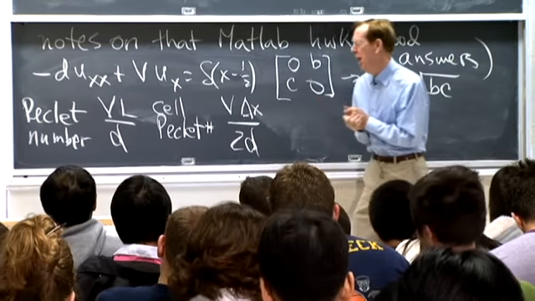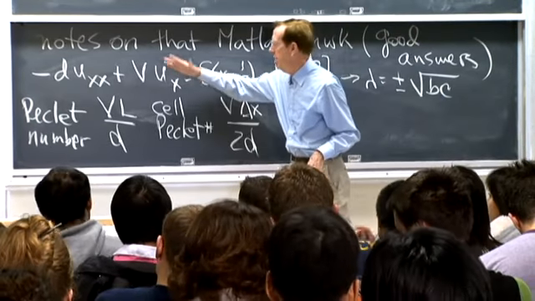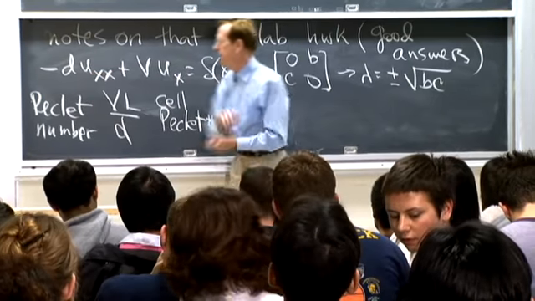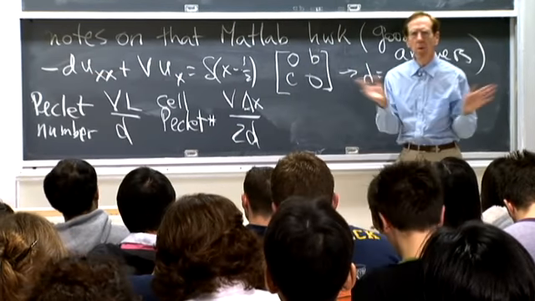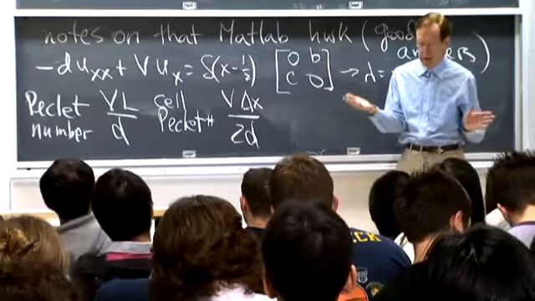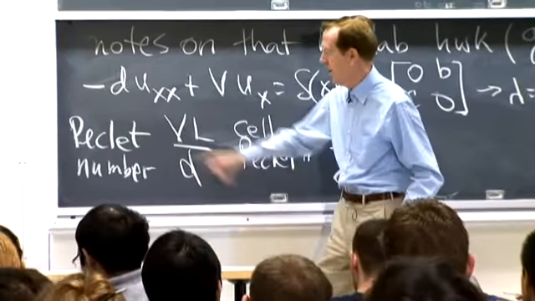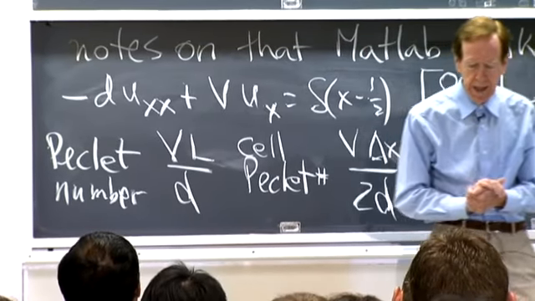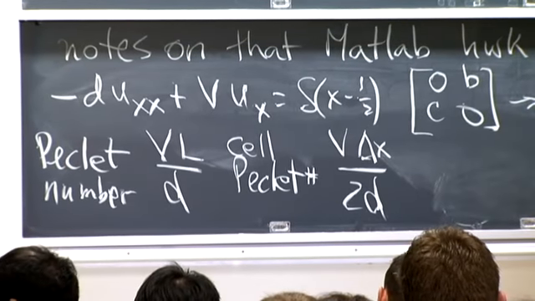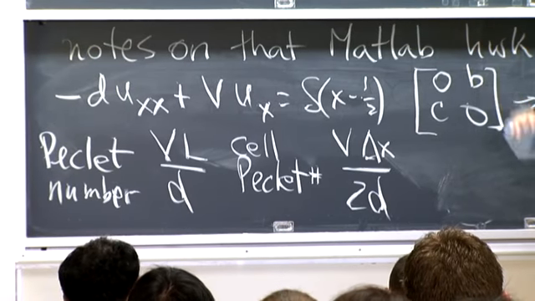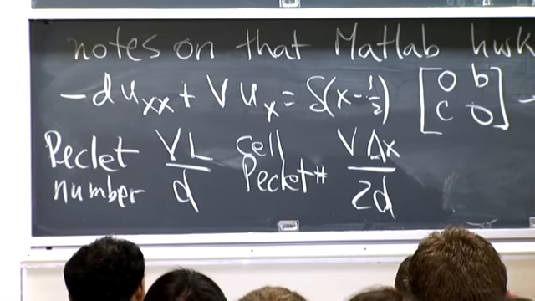So first of all, the point is here we have convection competing with diffusion. And always there's some non-dimensional number. Here it's called the Peclet number, which measures the importance of convection relative to diffusion.